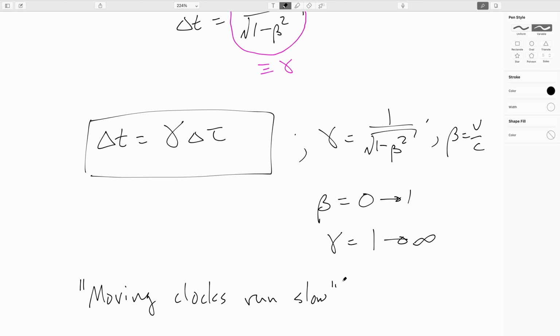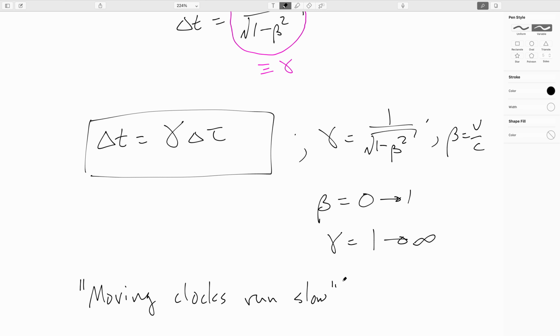Now, that's a bit of a misnomer because in the frame of the clock, as long as the clock is built correctly, the ticks and tocks are happening once every second. But if you see a clock moving, you'll notice that the display is updating more slowly than the display on, say, your own watch, if you had super amazing bionic eyes.